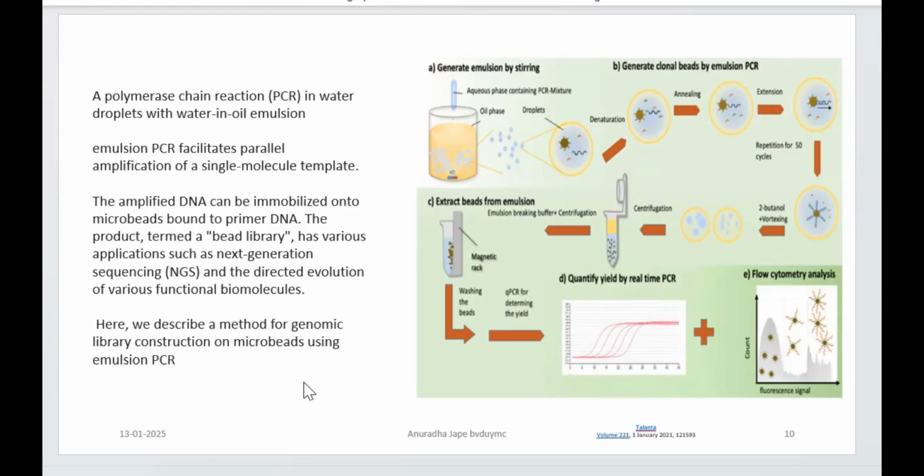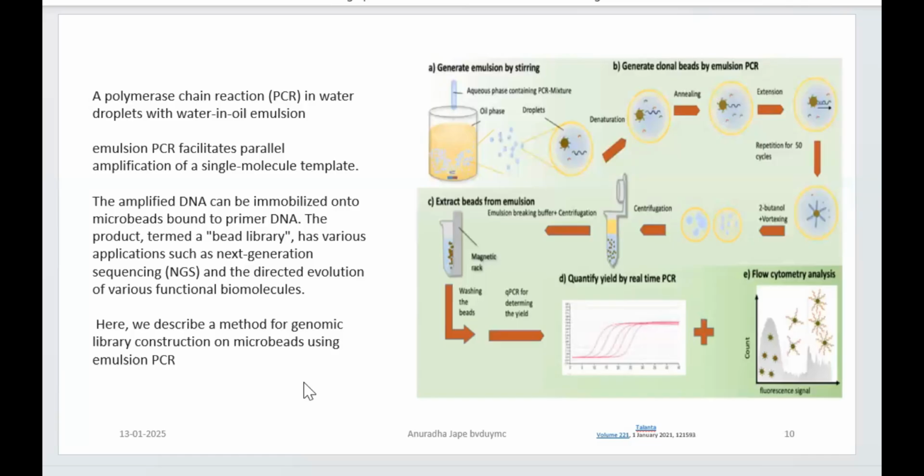The word itself is telling you it's emulsion. So when I say emulsion, surely I'm going to deal with water and oil, right? So here also you are going to have water in oil emulsions, and the droplets are there, and the PCR is going to amplify the DNA molecule which is entangled or entrapped or encapsulated, you can say, inside such emulsion droplets.